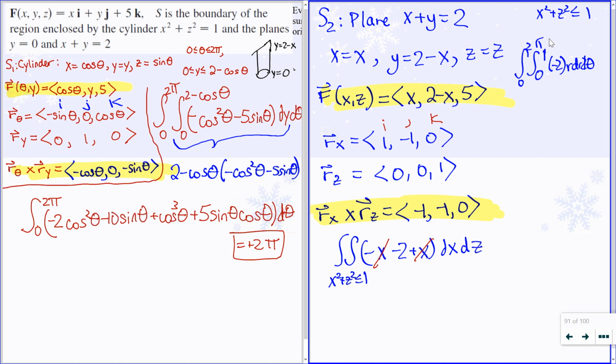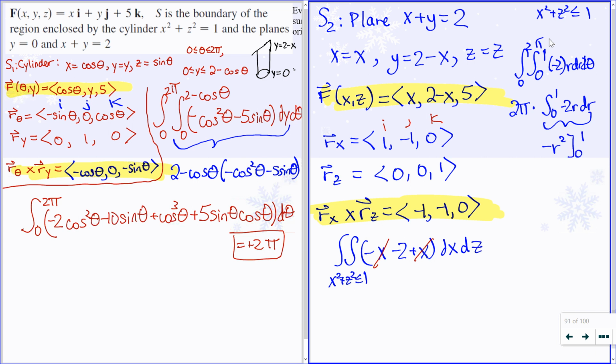So this is going to be 2 pi for the 0 to 2 pi d theta times 0 to 1 -2r dr. So with this one, we get -r squared from 0 to 1.